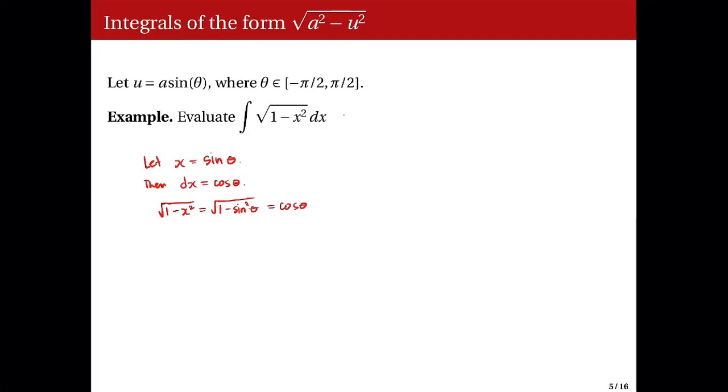And therefore, this integral will become the integral of the square root of 1 minus x squared, that's your cosine theta here. And then the dx is cosine theta d theta. I forgot the d theta there. So you have here cosine squared theta d theta.